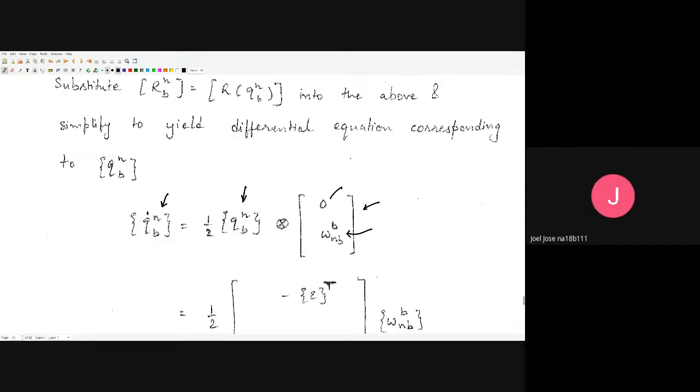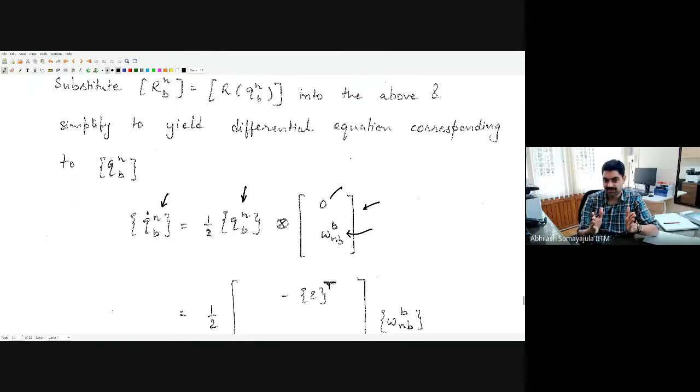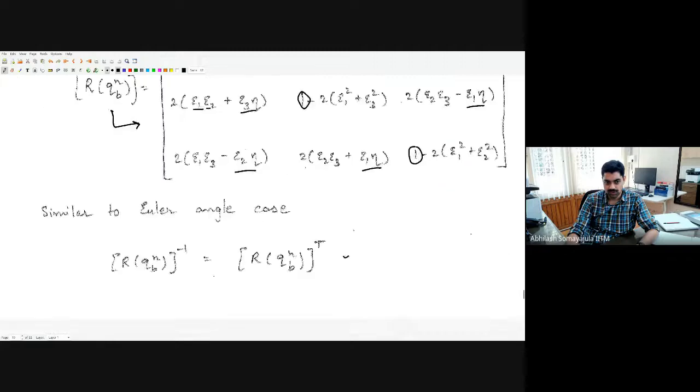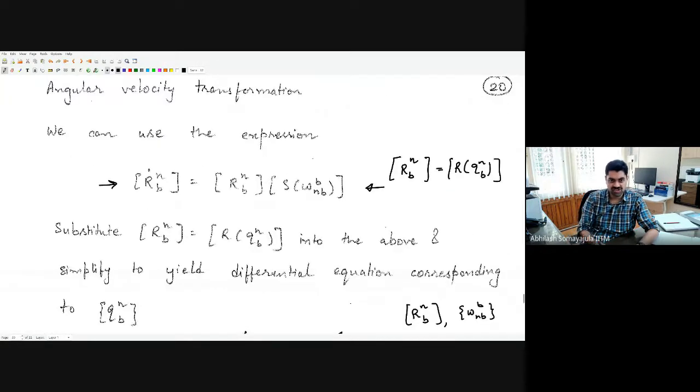So if I time step it by, let's say, a small delta t, which means that I know the rotation matrix B to N at a particular time, and I know what the angular velocity of the body is, then I can find out what the rotation rate is, how the rotation matrix changes over time.